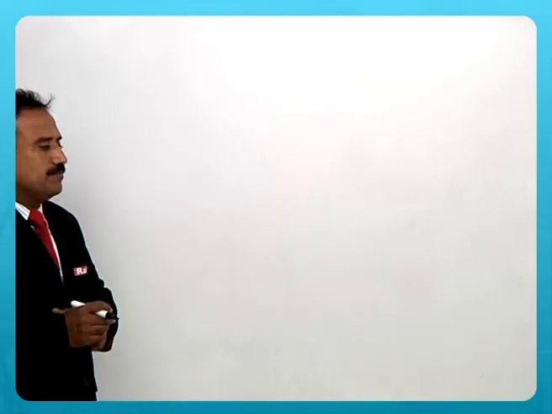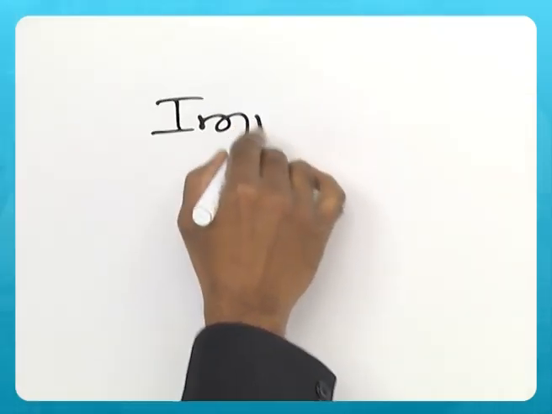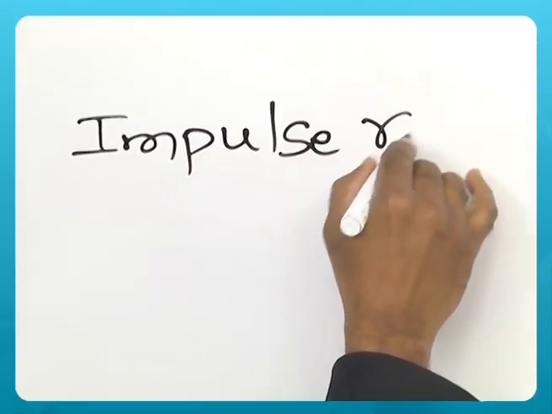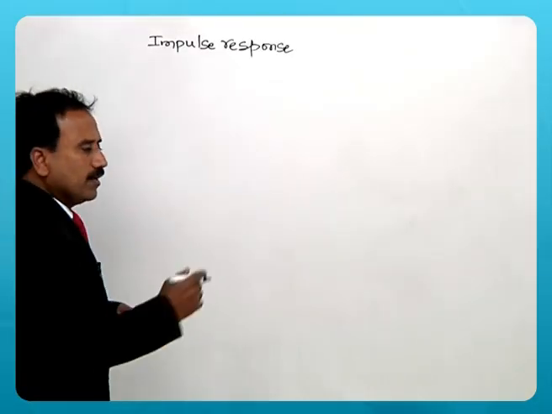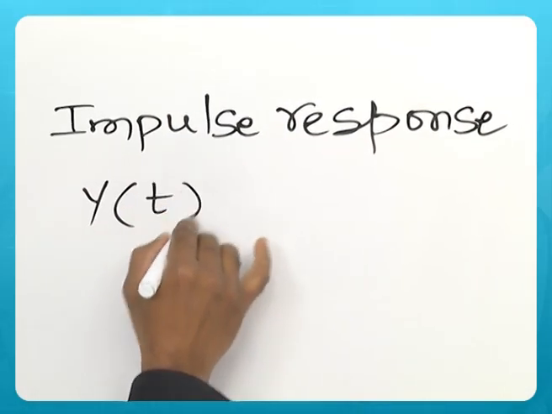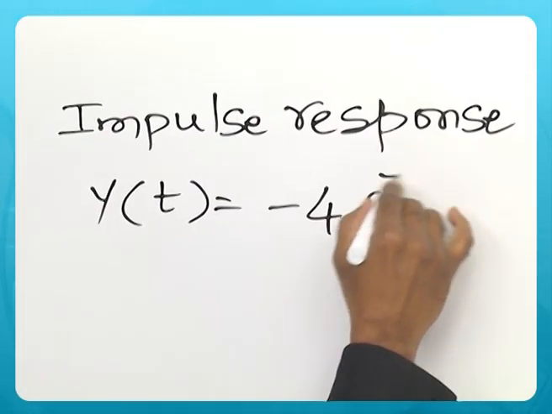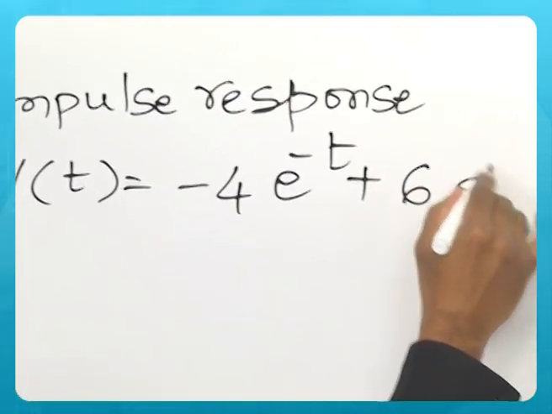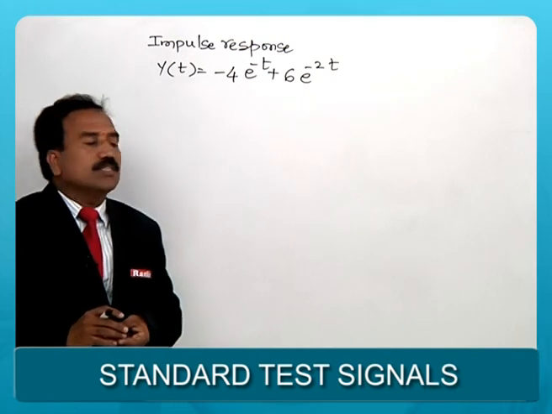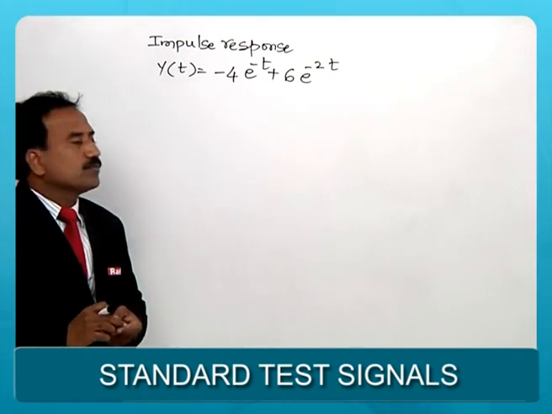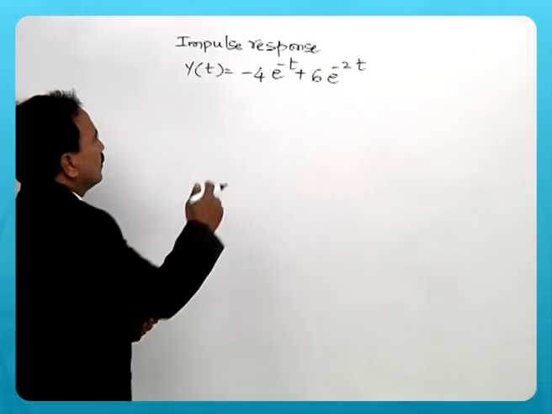Let us consider one example. The impulse response is given, y of t equals minus 4 e power minus t plus 6 e power minus 2t. Suppose this is the problem, the impulse response of a particular system. Then you are asked to find out the step response.